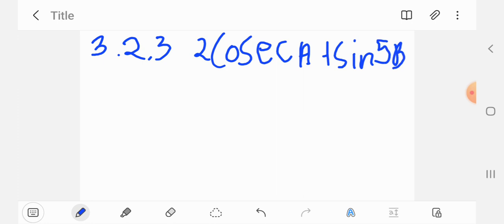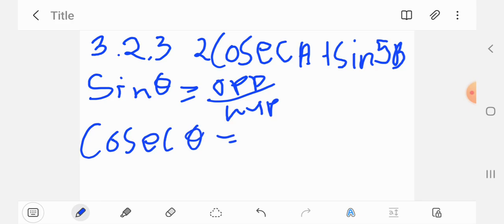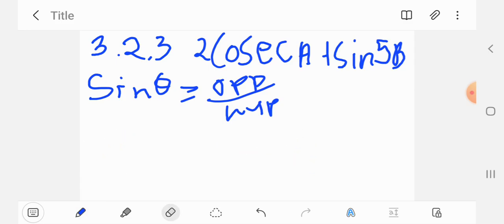Okay, so let's do reciprocals. Sine theta is equal to opposite over hypotenuse, but cosec theta is a reciprocal of sine, while sec is a reciprocal of cos, which is hypotenuse over adjacent.